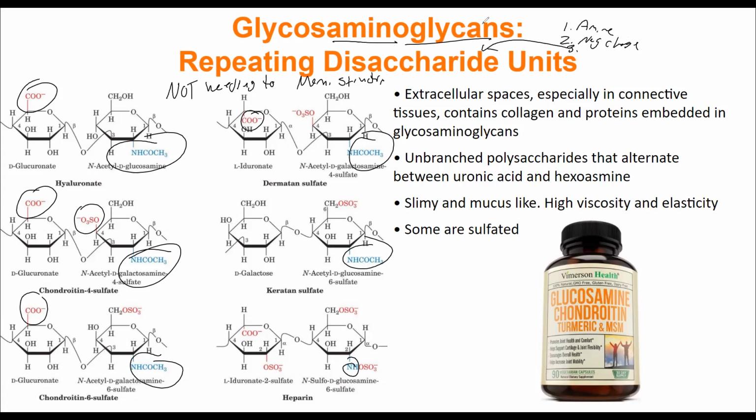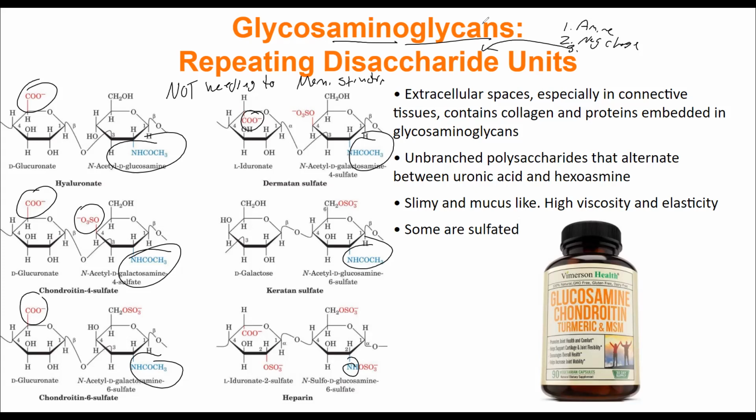And what these do is that they are in your extracellular space. So these sugars are on the outside of your cells, and you are going to find them in your connective tissues. They're going to be interacting with collagen and different proteins in a big old matrix.